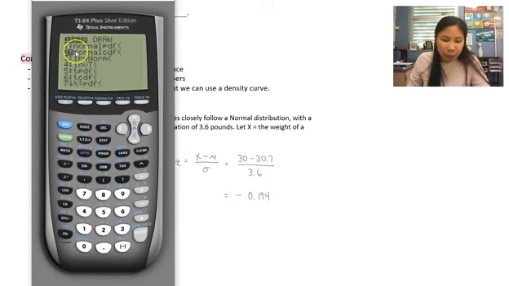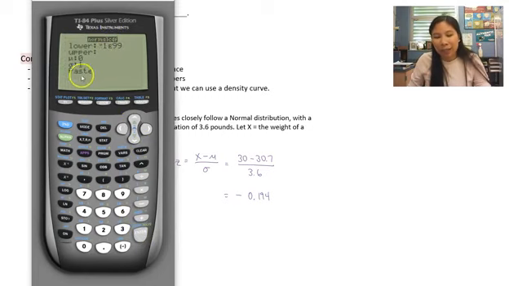Make sure you have normal CDF chosen. Normal PDF is an entirely different thing and we never use it. If your calculator is updated like mine, it'll ask you for these things. If it just takes you back to the home screen with normal CDF and then a parentheses, these are the numbers that you want to type in this order, separated by commas.